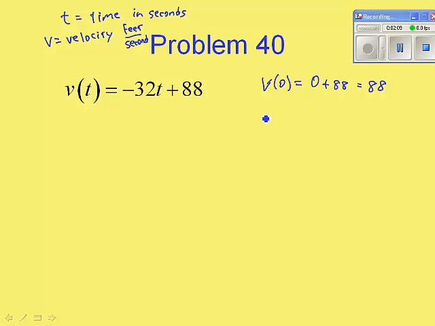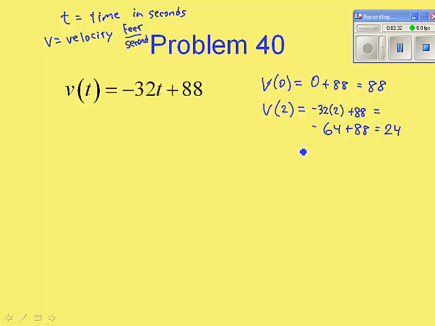So like, what's v of 1? Or let's do v of 2, let's say. Well, that would be negative 32 times 2 plus 88. So after 2 seconds, is it still going up? Well, yeah. But it's going up at 24 feet per second instead of 88 feet per second.